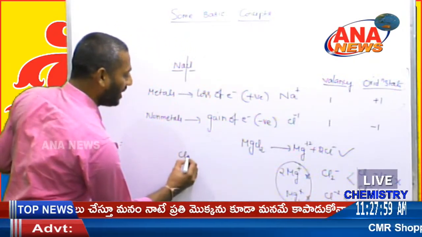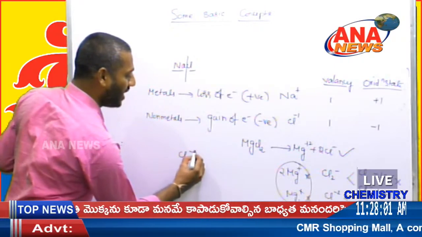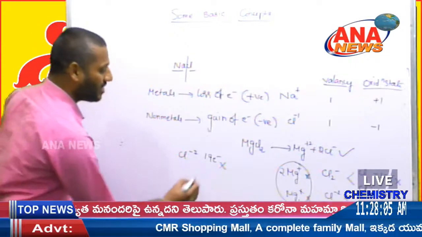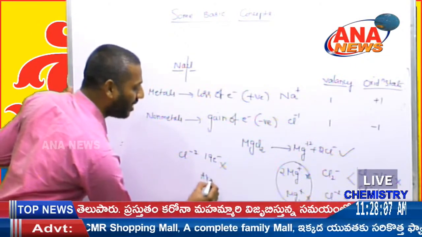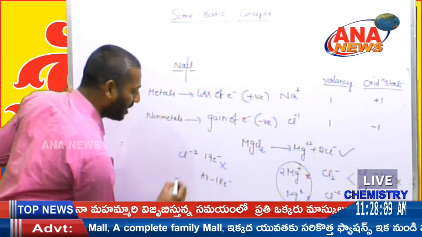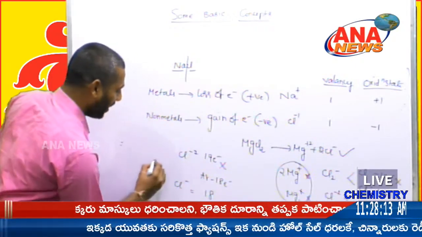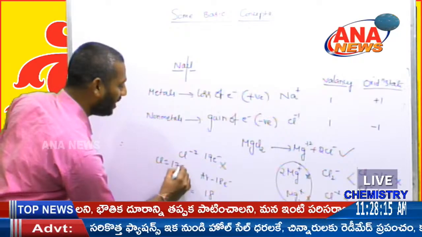Chlorine has 17 electrons, but Cl minus 2 has 19 electrons, so it does not exist, because the nearest noble gas is argon with 18 electrons.